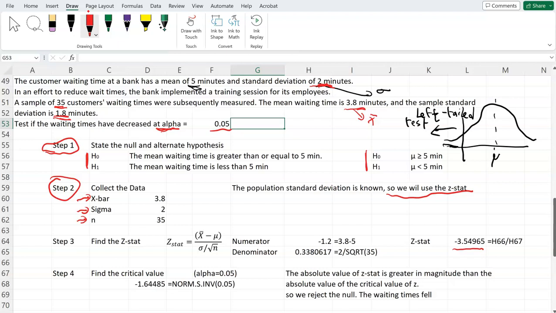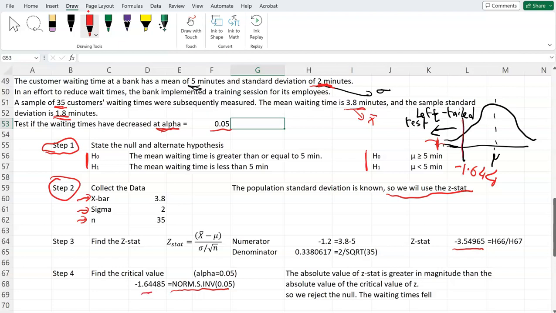Now in the fourth step, if my alpha is 0.05, remember that this is a one-tail test, so I'm going to find my critical value with this formula. And so my critical value would be negative 1.644. From here, I can see my z-stat is way out here, but my critical value is here.